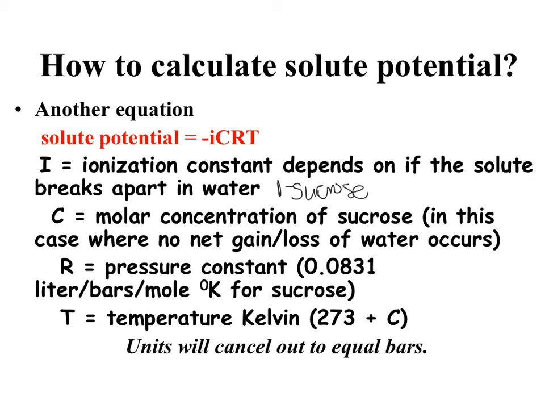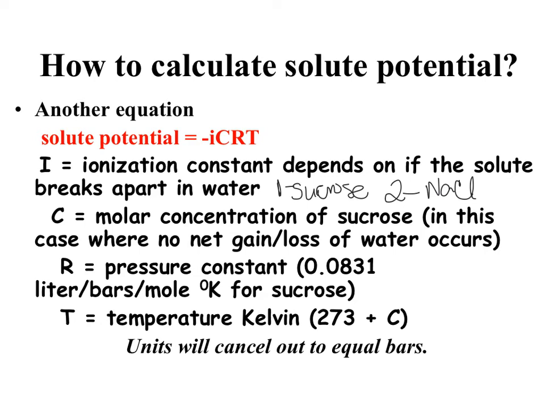But if it's something that does break apart, like salt, for example, we use the value of 2 because you're literally getting sodium ions and chlorine ions. Those are the most common examples or ones that you will see in the question.